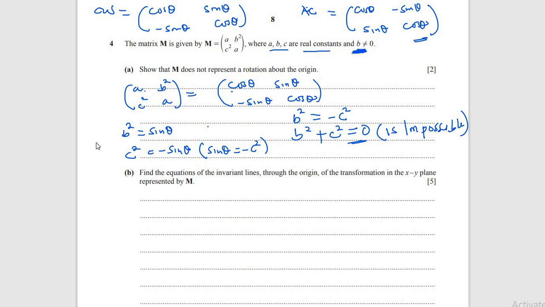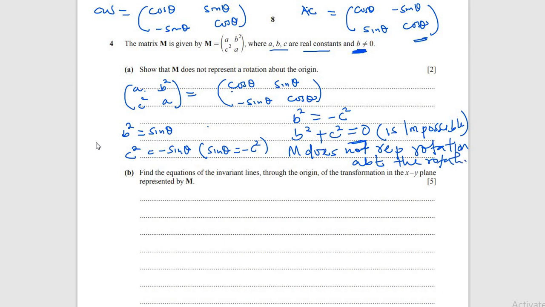Which means this form is impossible, which means that M does not represent rotation about the origin. That's the meaning. So I guess it's clear.